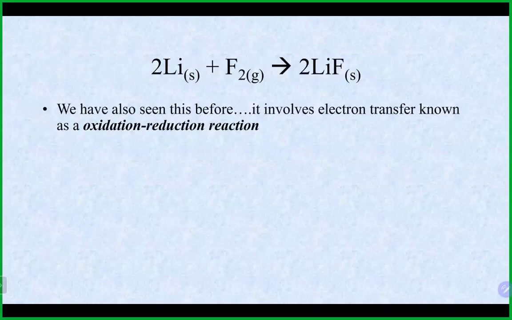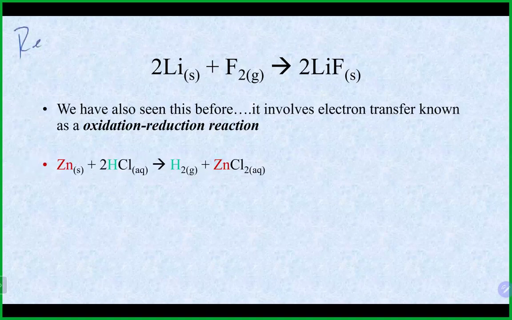All right, so here is some redox category. So we're going to switch over here and talk about some more specific ways to classify redox reactions. As we saw earlier, this again is a redox reaction.